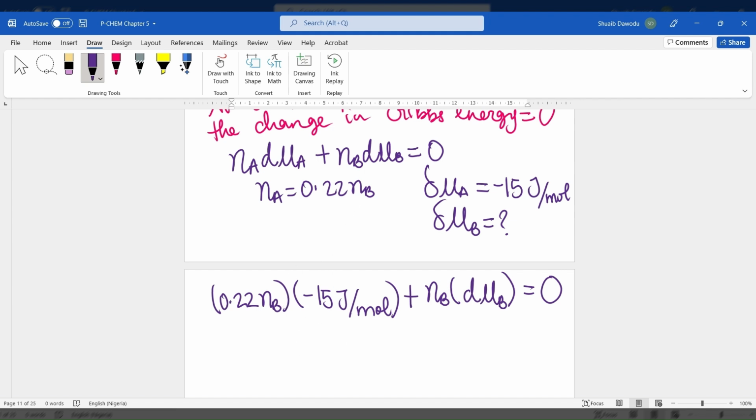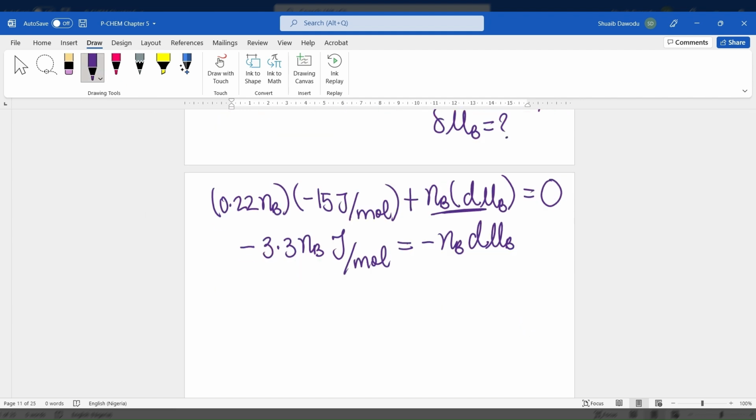We use our calculator. 0.22 n sub B multiplied by negative 15 gives us negative 3.3 n sub B joule per mole. We move this to the opposite side of the equation, so we end up with negative n sub B multiplied by the change in chemical potential of B. Of course, we divide both sides by negative n sub B, which is common, since we're looking for an unknown here.